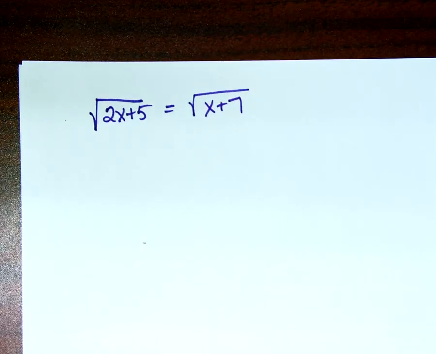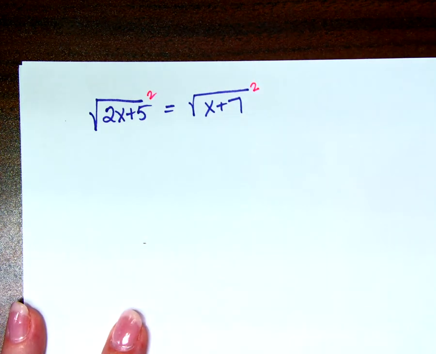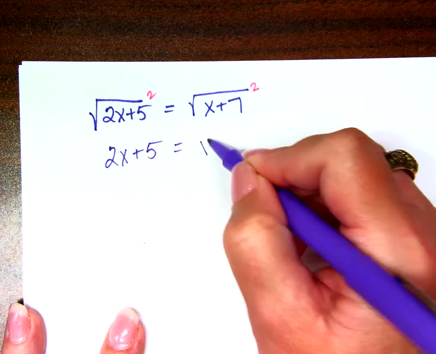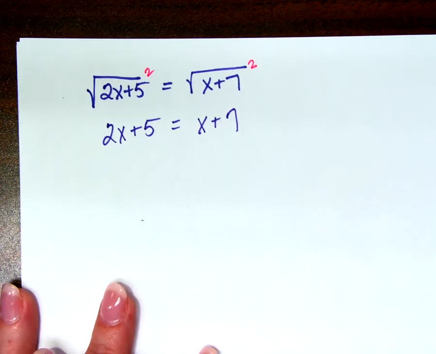Harder or easier? Most people think it's harder because there's two radicals, right? Can I please respectfully prove you wrong? Okay. You just want to square both sides? And if I square both sides, what happens to the radicals? Oh my gosh. Harder or easier? Way easier, right?